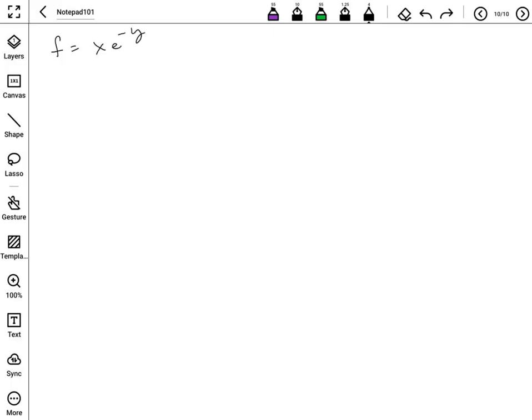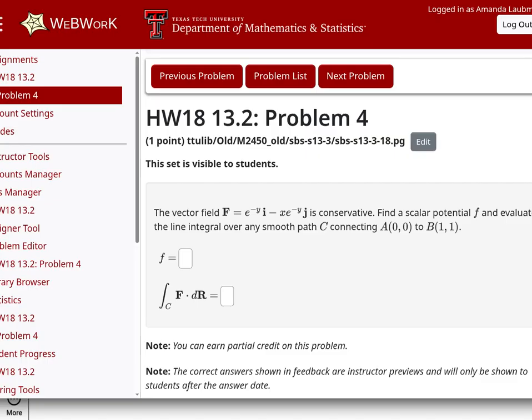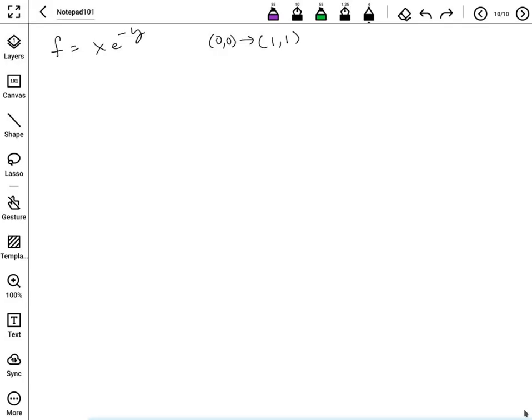Then I can evaluate this line integral by just evaluating the function at those two points, (1, 1) and (0, 0). So my integral over C of f dot dr is going to be f of the second point, (1, 1), minus f of the initial point, (0, 0).